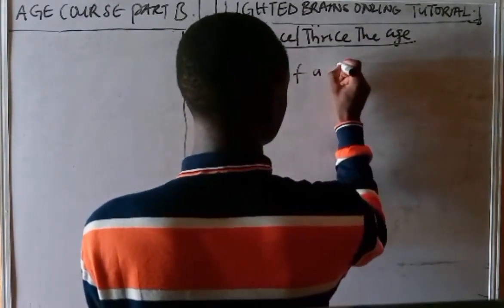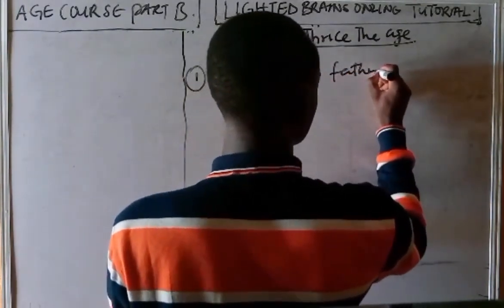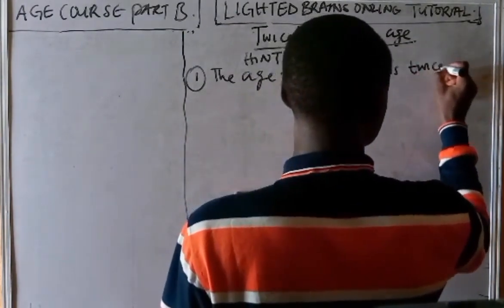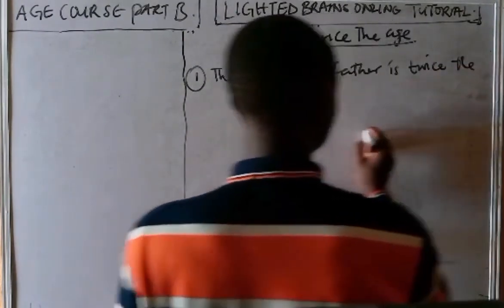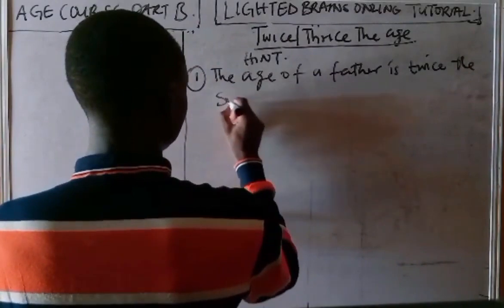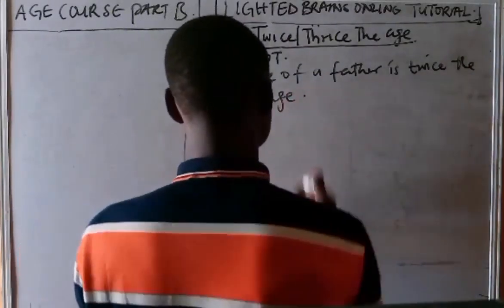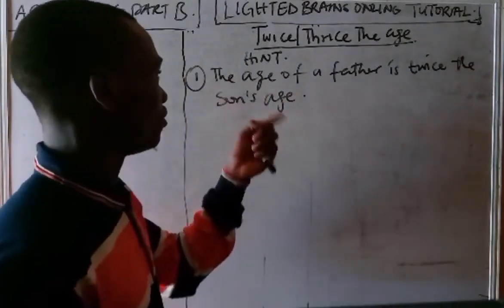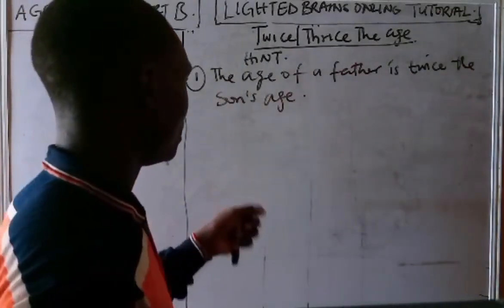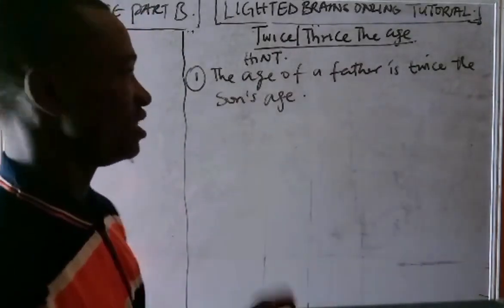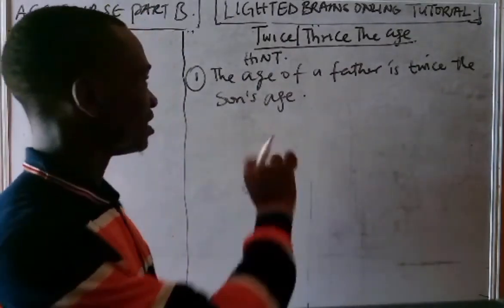The age of a father is twice the son's age. Do you understand? The age of a father is twice the son's age. That is number one concept. Now let me explain this first of all before I go to the second hint.